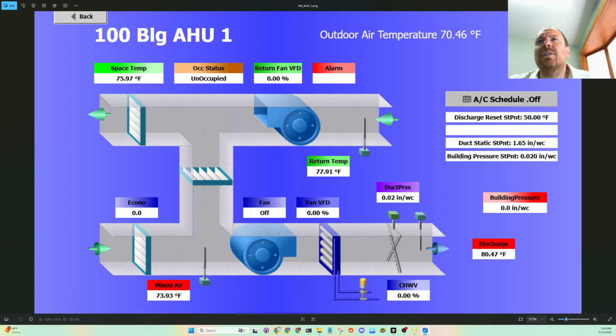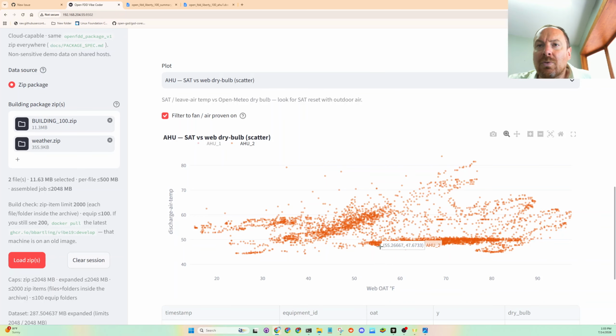which does reflect this discharge air. This is air handling unit 1. Discharge air set point of 50 seems a little bit on the cold side to me. And then as soon as you get below 50 degrees outside air temp, the leaving air temp floats around a little bit.